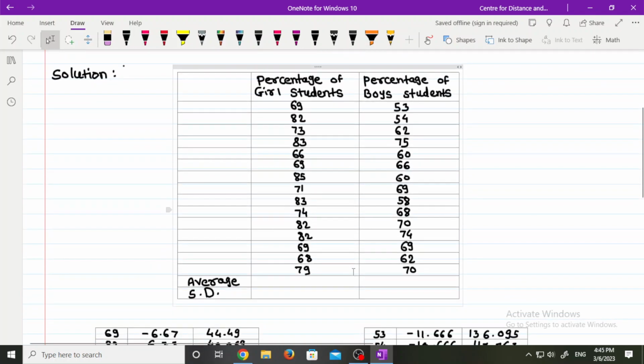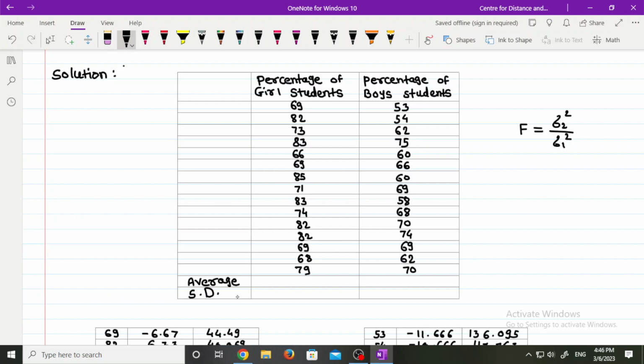First we have to find their average and standard deviation, and after this we calculate sigma 1 square and sigma 2 square, and then use the formula F is equal to sigma 2 square divided by sigma 1 square.